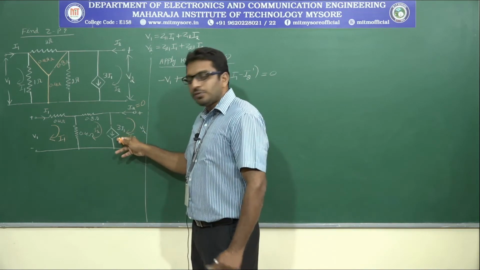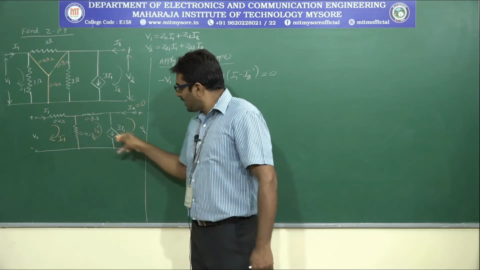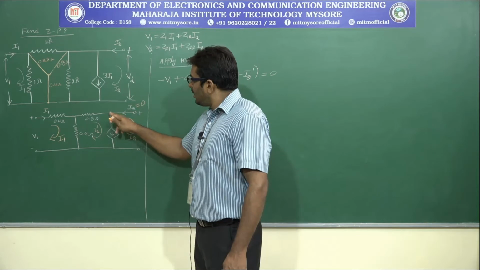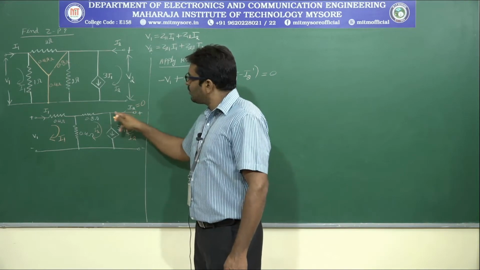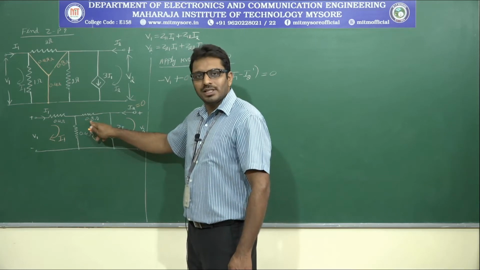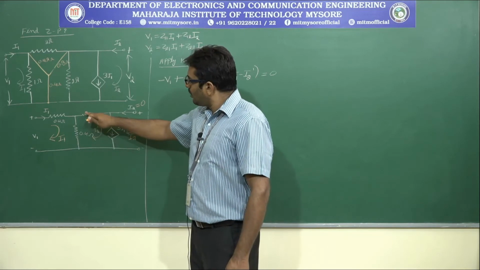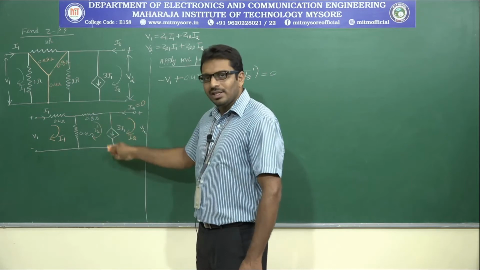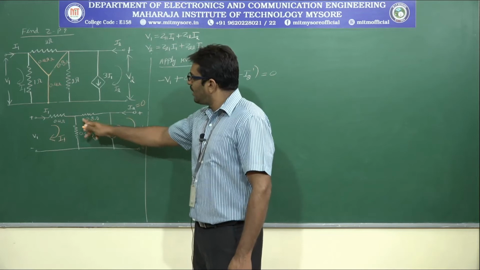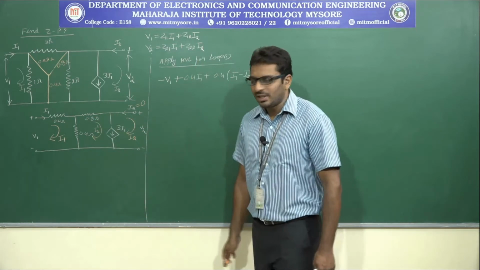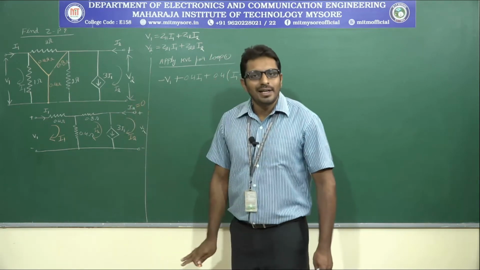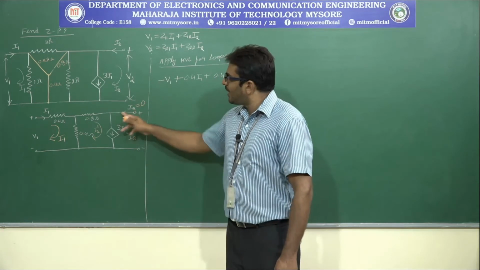See, if I2 is 0, what is this dependent source? This dependent source value depends on the input current. That is why the value is 3I1. If I2 is 0, the current does not flow through this branch. Whatever current flows through this 0.8 ohm resistor, the entire amount flows through the dependent source, because this terminal behaves like a redundant element, since it is an open terminal.